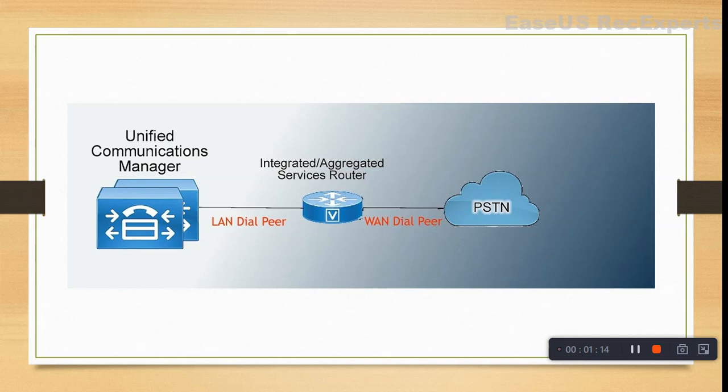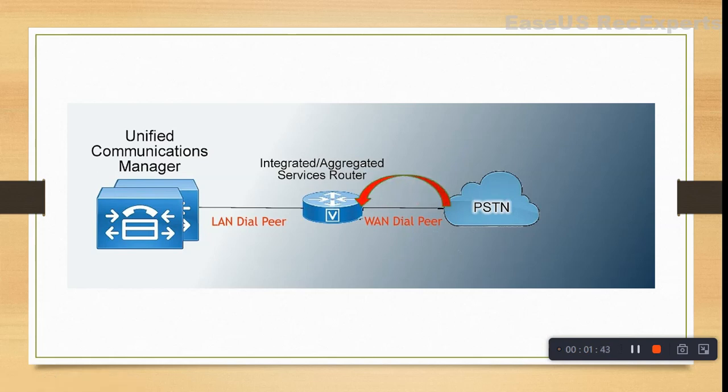So in a normal call flow, we have already learned how our incoming dial pair and outgoing dial pair direction looks like. Remember, this leg is called a LAN dial pair leg. This is where you will need LAN dial pairs, incoming LAN dial pair, outgoing LAN dial pair, and this is where you will be needing outgoing WAN dial pair and incoming WAN dial pair.